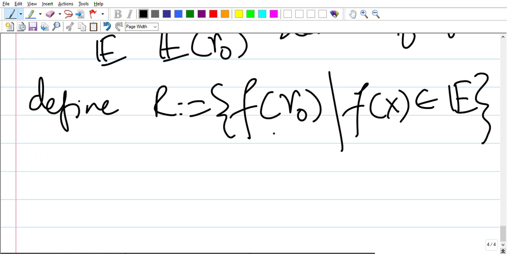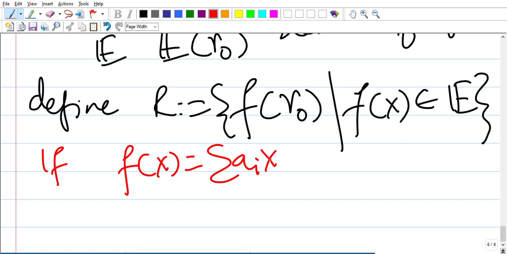What do I mean by these evaluations? Well, if f(x) is, let's say, the summation of a_i x^i, i ranging from 0 to n, sorry, f(x) is coming from E[x], the polynomial ring.